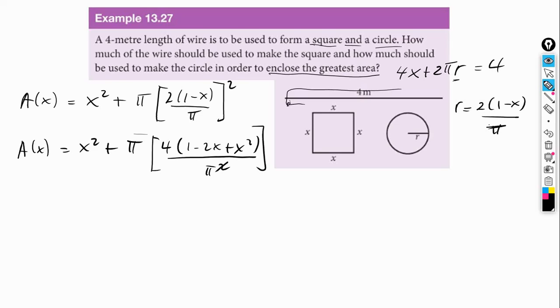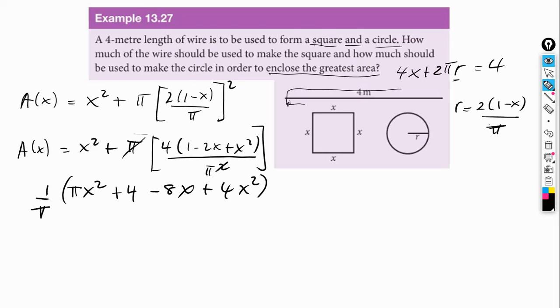Notice that we can cancel out one of these pi's with this pi. Let's rewrite it as pi x squared plus 4 minus 8x plus 4x squared, and all this times 1 over pi.